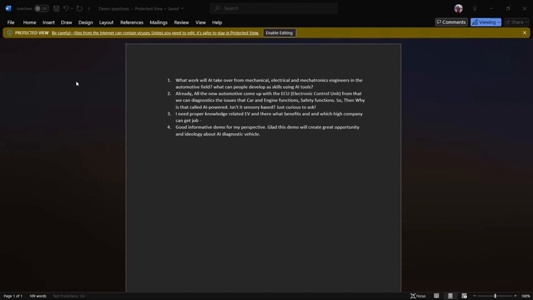Then duplicate tasks. Duplicate tasks means the same thing performed again and again. Any task that you are performing again and again will be taken over, which means humans will be removed from that.